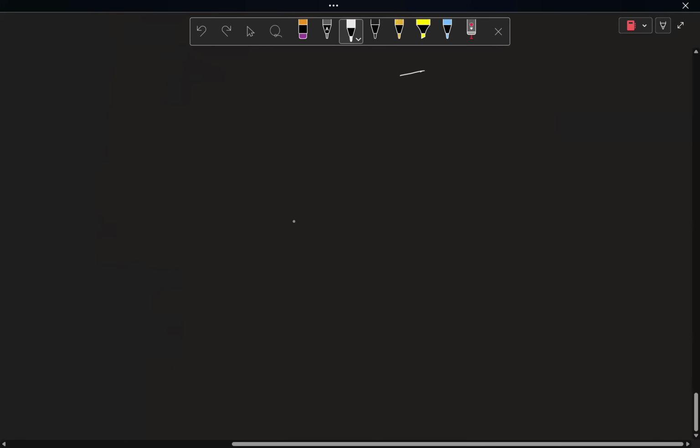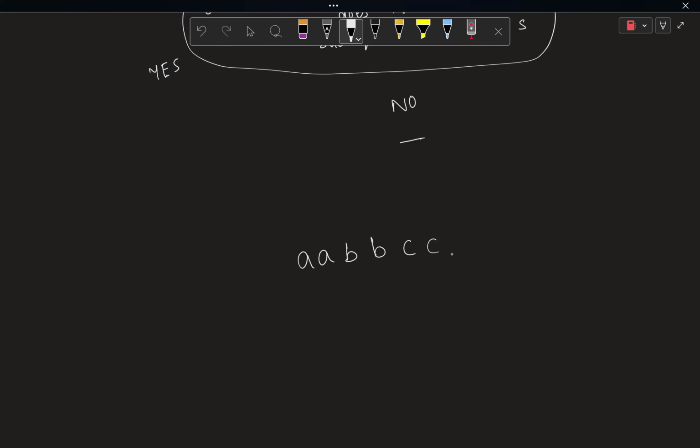Now, what I wanted to do is find a string which doesn't come there. Let's take an example. If there is a string like ABB, AABB, CC, and ABC, something like this, I want to find a string which does not come, with length 3 and k equal to 3.